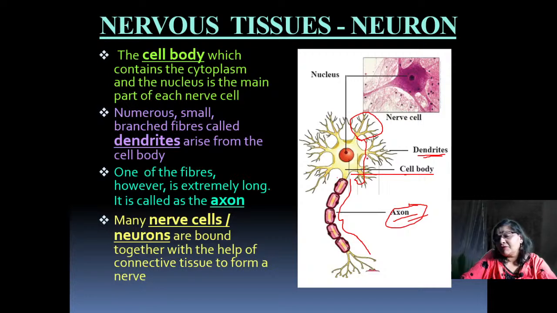Now, many such nerve cells, termed neurons, are bound together with the help of connective tissue to form a nerve. So a nerve is made up of many such nerve cells.